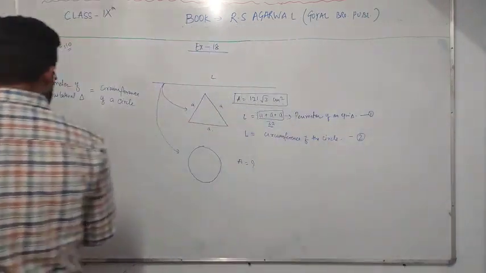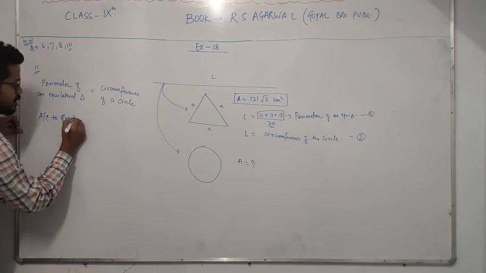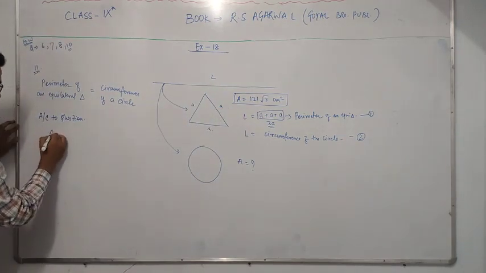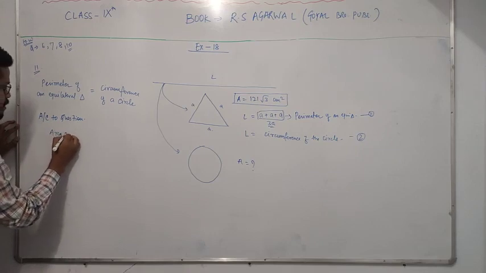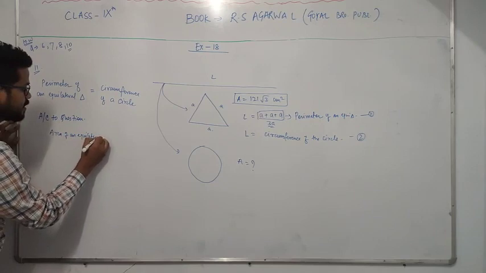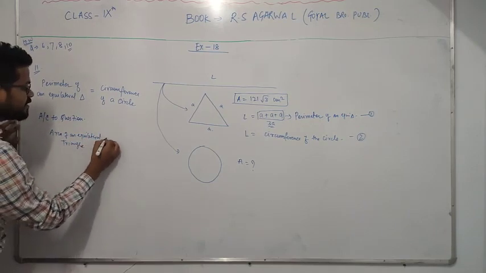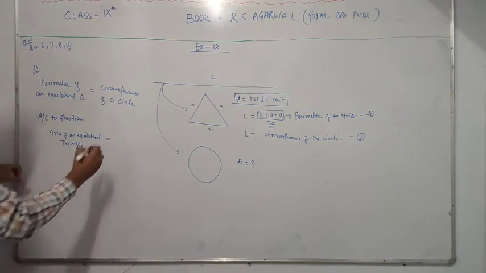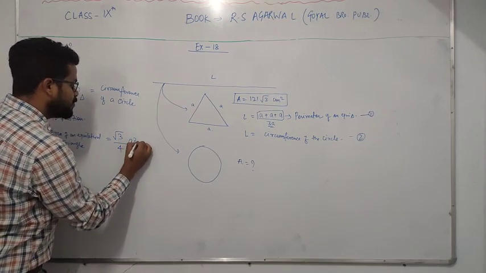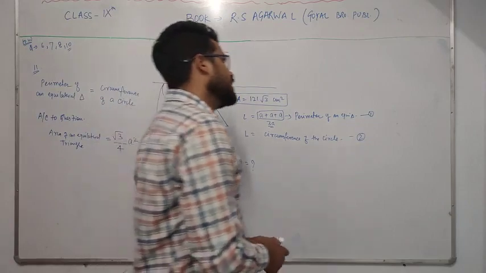According to the question, the area of an equilateral triangle is root 3 by 4 A square.